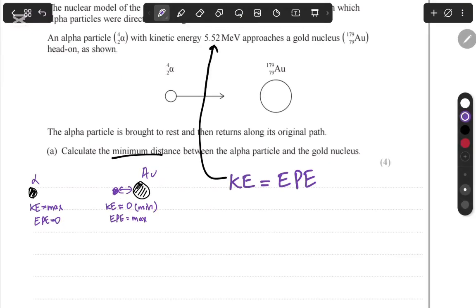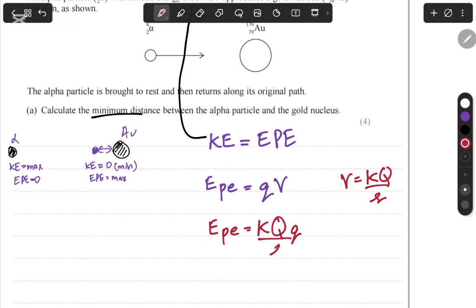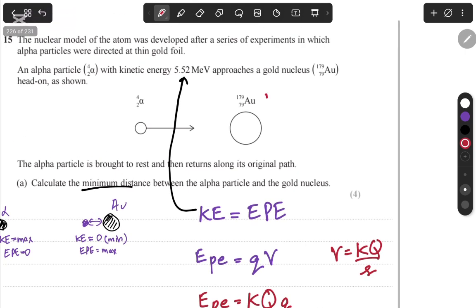So what we can say here then is that the EPE is equal to Q times V, which is the electric potential. And then we can expand the formula: we know the electric potential is equal to KQ over R. So we can hence get the formula K capital Q small q over R. This is the capital Q and this is the small q.